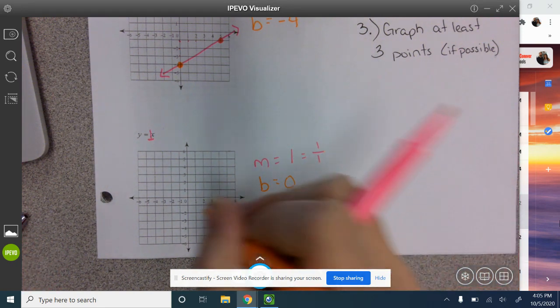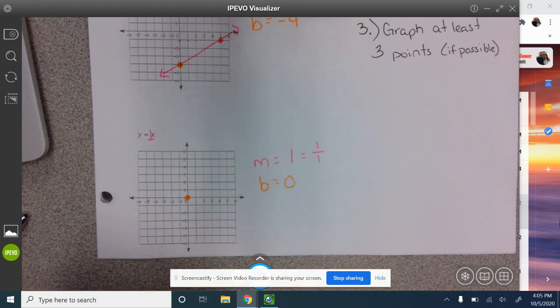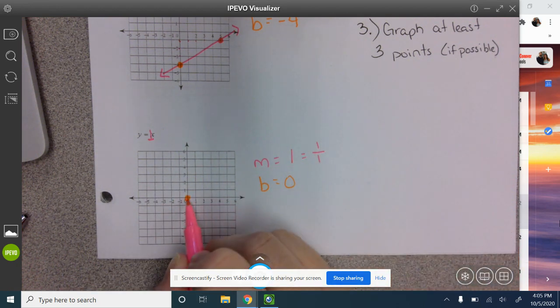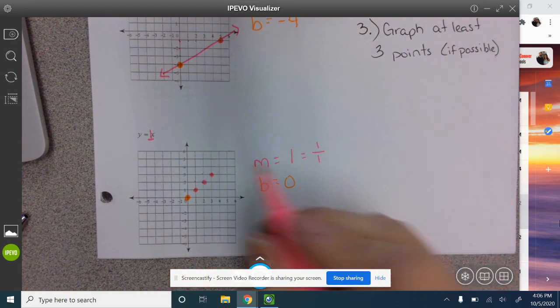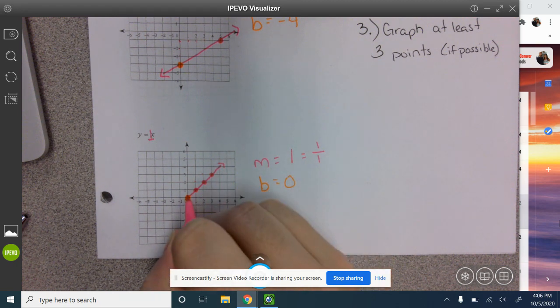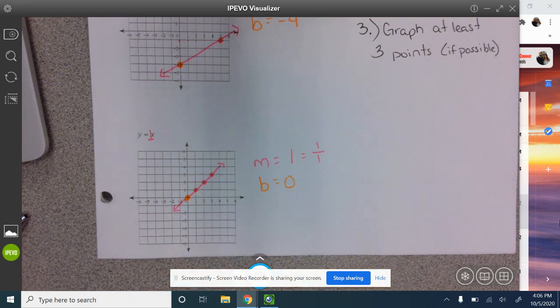So step 1, to graph b, we're going to put a dot at 0. Now, a slope of 1/1, we're going to go up 1 to the right 1, up 1 to the right 1, up 1 to the right 1. This is one where I could graph more than 3 dots if I needed to, but I'll just connect those and we can move on.